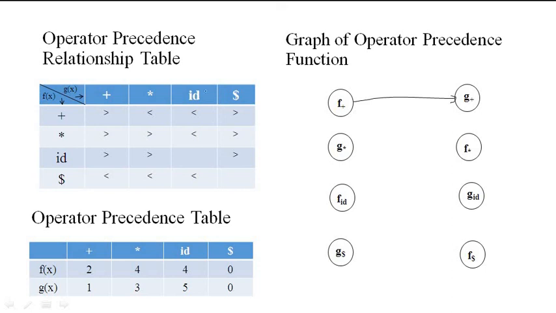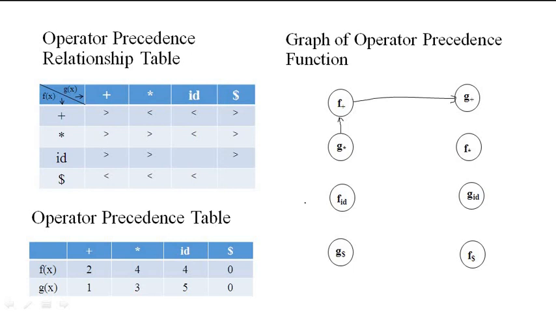F plus to G star. G star is the highest precedence. So G star to F plus, draw an arrow like this. Outer precedence means greater precedence, as outward.